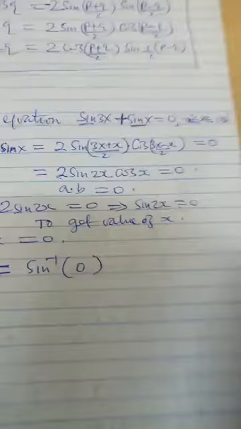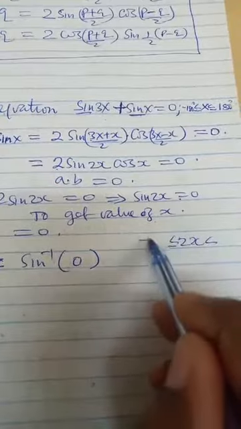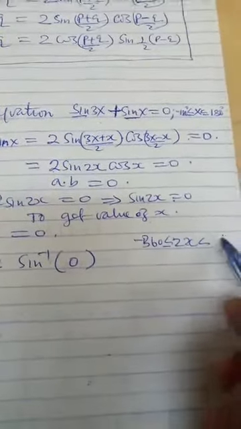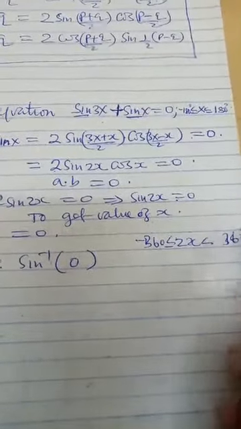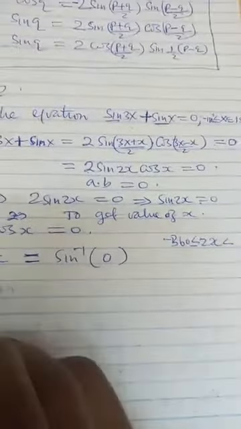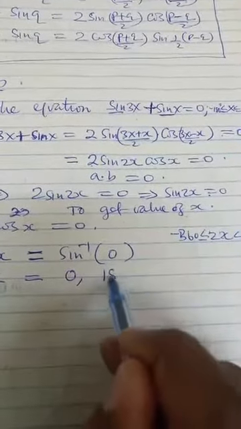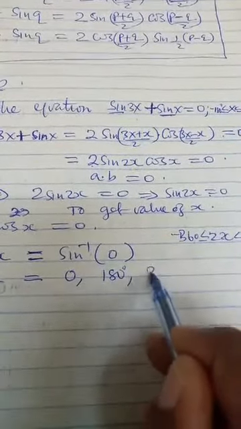So for 2x, the range will go from negative 360 to positive 360, and eventually we divide by 2 to get x. So for 2x, the first value will definitely be 0. The next value will be 180. The next value will be 360.